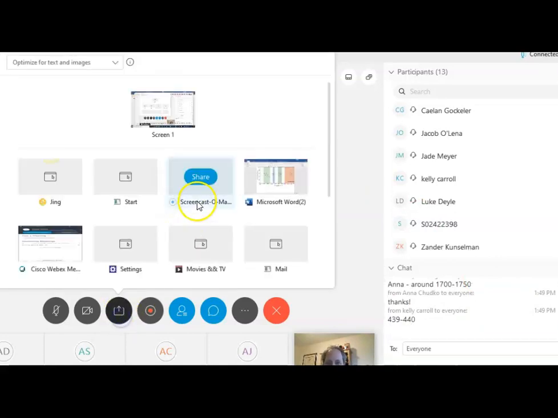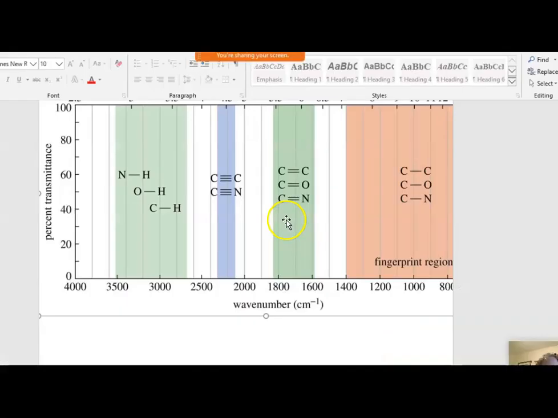All right. Let me show you this slide. I'll post it. But this is in your book, on page 440. This is a summary of everything that shows where everything is. So in this range, 2,700 to 3,500, you have NHs, OHs, and then you have the aromatics and the aliphatics.